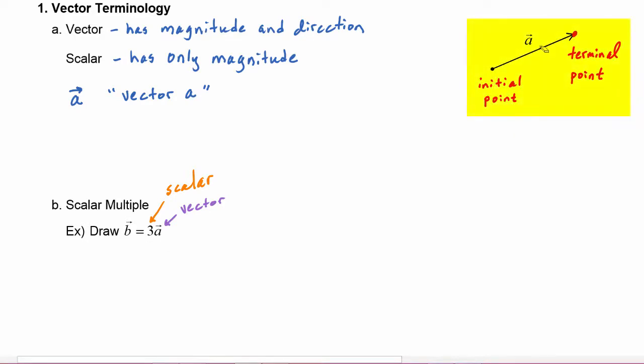So let's look up here. Here's vector A. So to draw vector B, we would draw vector A 3 times. So say there's 1. That is vector A. It has its initial point here. Here would be the terminal point. Then at the terminal point of the first vector A, we draw another vector A continuing on in that same direction, so the same length here.